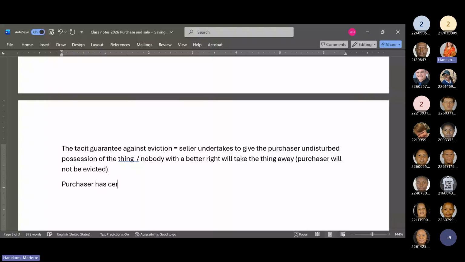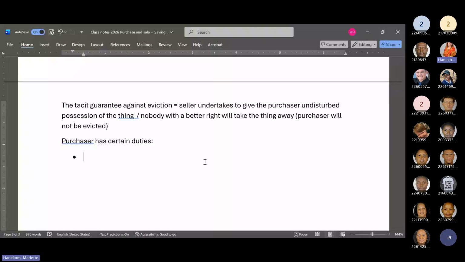You need to know these duties. So the purchaser must act in a certain manner in order to rely on this tacit guarantee against eviction.